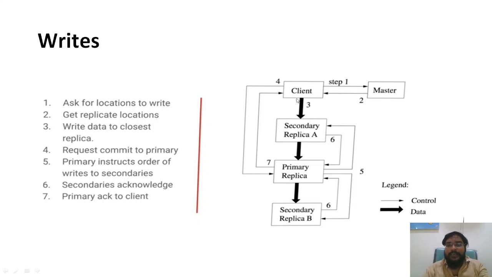The controls are being sent from the client to the replicas, and the client gets an acknowledgement that your particular data has been saved successfully. That is what is happening, right?